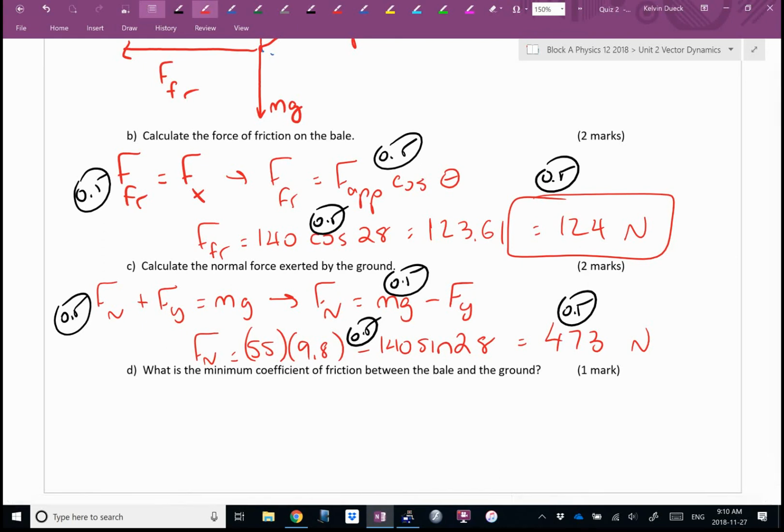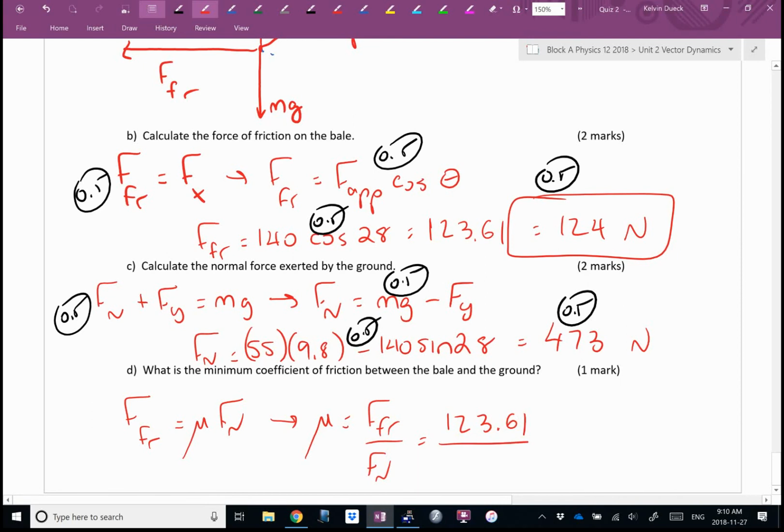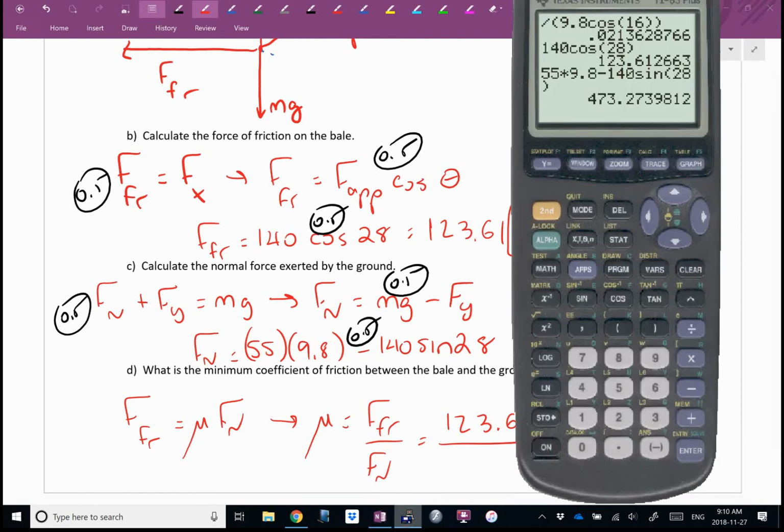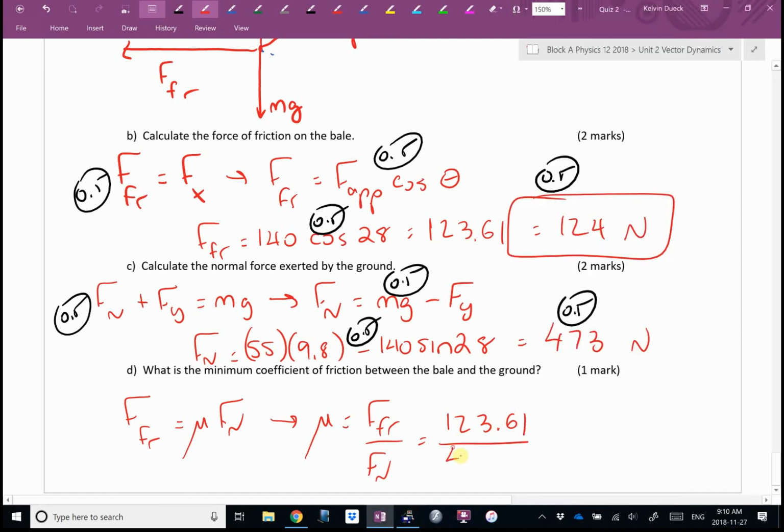Well, I wrote this. Friction equals mu times the normal force. And then the light went on. I said, oh, mu equals friction divided by the normal force. Friction is 123.61. The normal force is 473.27.